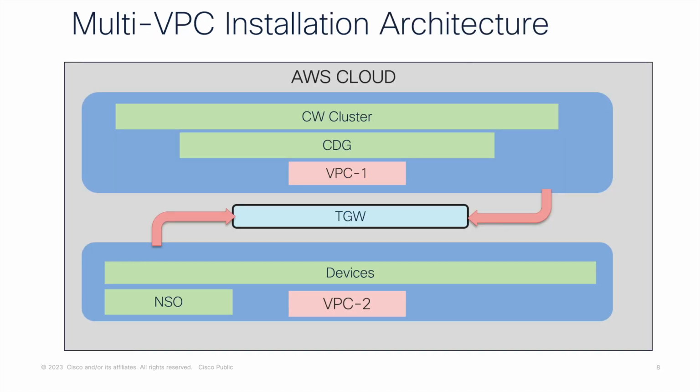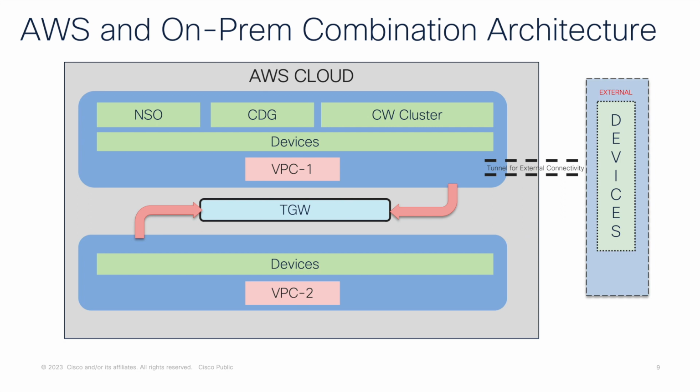These are the diagrams, just to give you a pictorial view of the architectures that I explained. This slide shows the multi-VPC installation architecture. CDG and the CNC cluster are sitting in one VPC, whereas the device and NSO are sitting in another VPC. These two VPCs are connected over transit gateway.